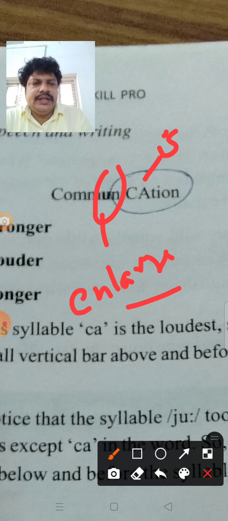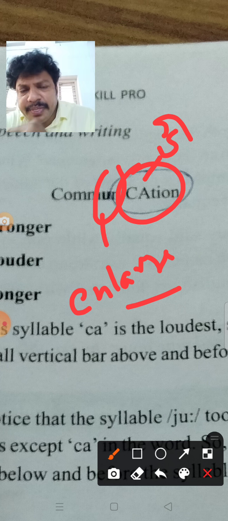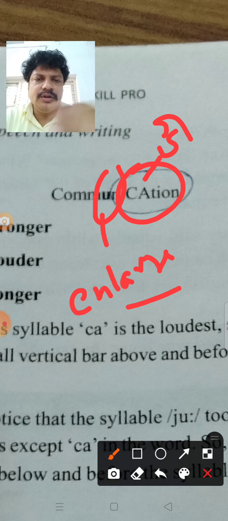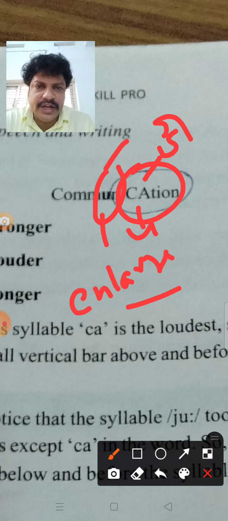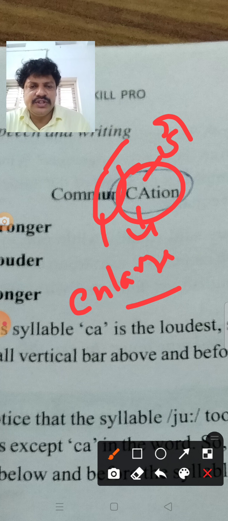Communication. Here we are putting some extra stress, some extra effort on that. Communication. Again, here "ca" is pronounced somewhat larger, stronger, with some stress. This is called stress.